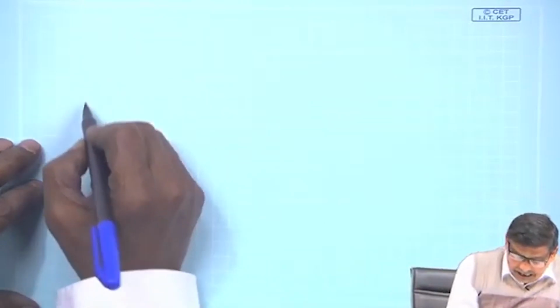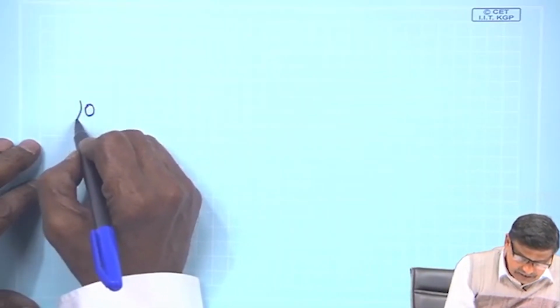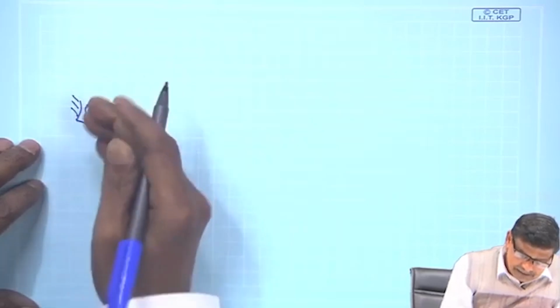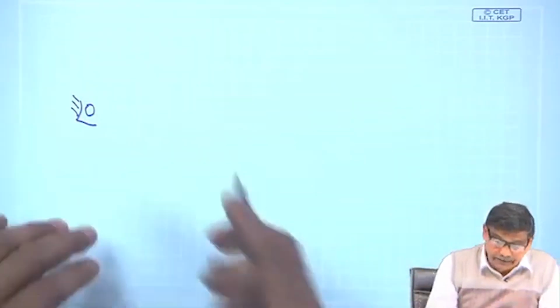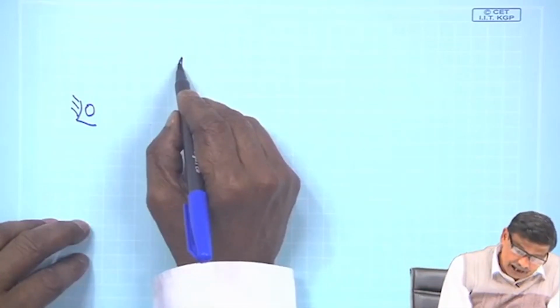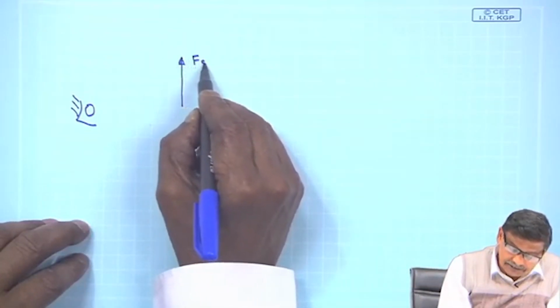pictorially I will say, if there is a stationary observer, he is not bothered, it is your problem, make your winding in such a way. I will now draw a much simpler diagram.